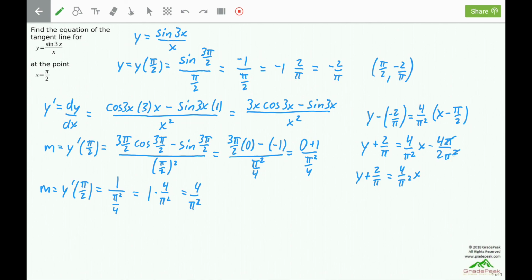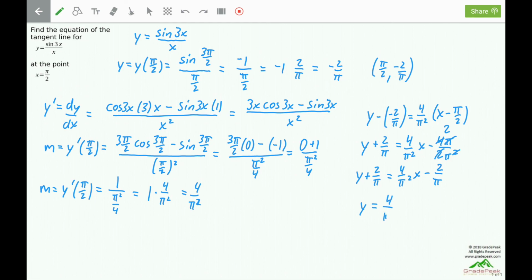We can cancel one of the pi's out, and we can cancel the 4 and the 2 here to leave us a 2 in the numerator. There's still a pi in the denominator. We only canceled one of the pi's out, so it'll be minus a 2 over pi. And to complete it, we're now going to subtract the 2 over pi on both sides so that we can solve for this y. We can isolate it.